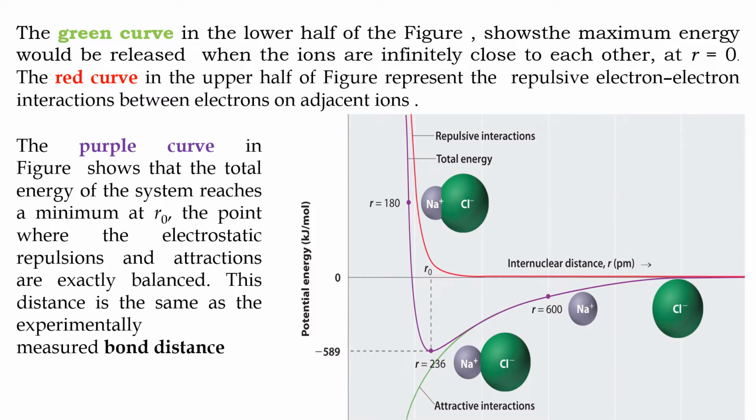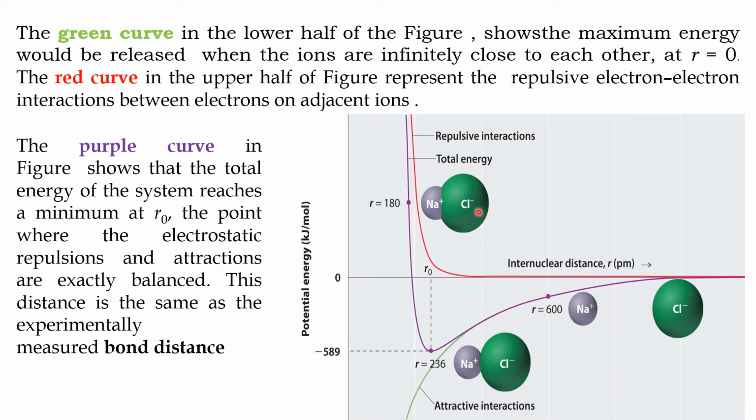So we have to explain the formation of ionic bonds by the electrostatic force of attraction. See here, I am showing you a graph or a plot. In this particular plot, I am taking Na+ ions and Cl- ions.